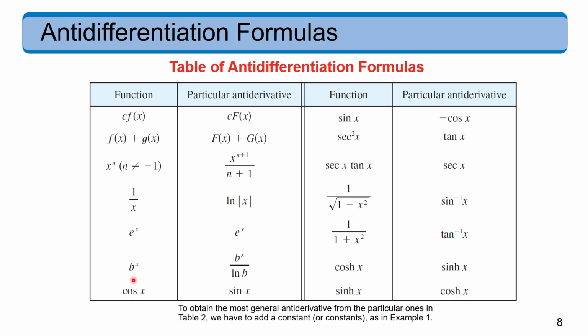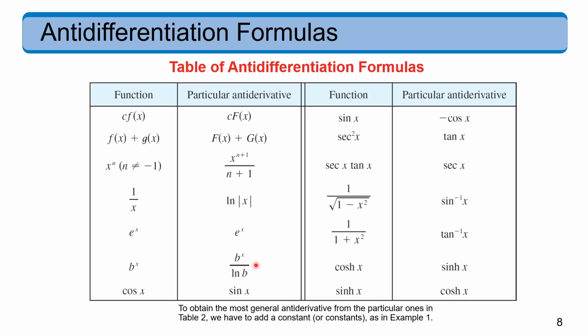Now the next one, it's saying the antiderivative of b to the x is b to the x divided by natural log b. This comes from the rule we learned about the derivative of b to the x. If you remember that rule, the derivative of b to the x is itself times natural log of b.